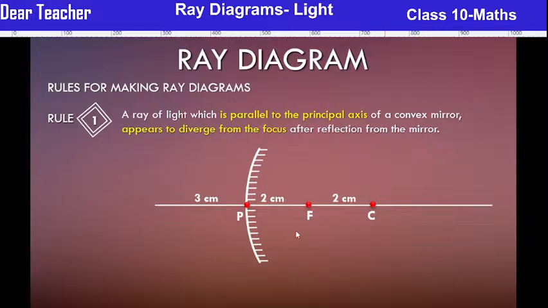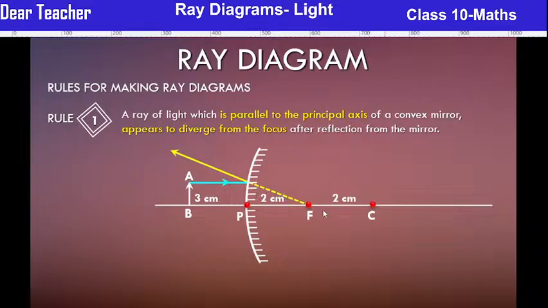So here AB is an object in front of the mirror. From A you have to draw a parallel line. Let me draw a parallel line, and then it will reflect. How will it reflect? It appears to be reflecting from the focus. So this dotted line only appears, it's not a real line, because on the other side you cannot draw.